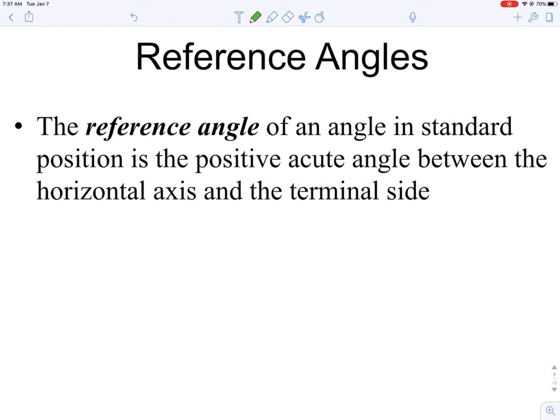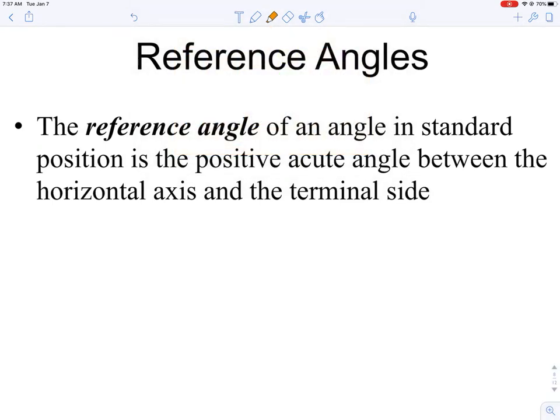But the reference angle of an angle that's in standard position is the positive acute angle between the horizontal axis and the terminal side. So this is important.